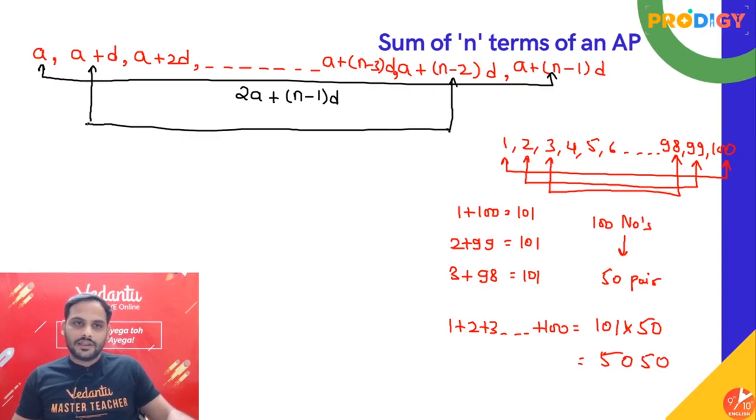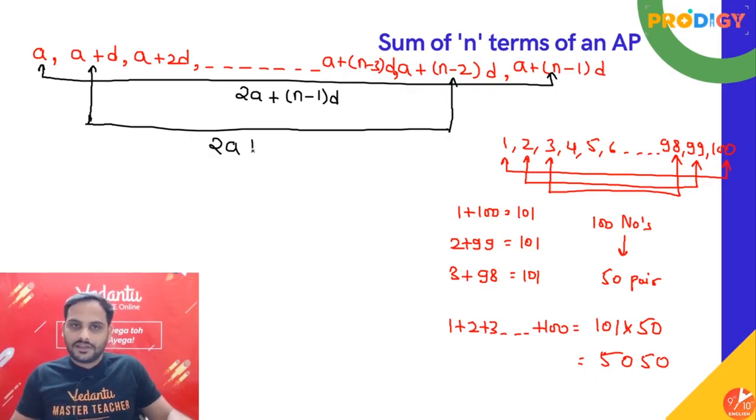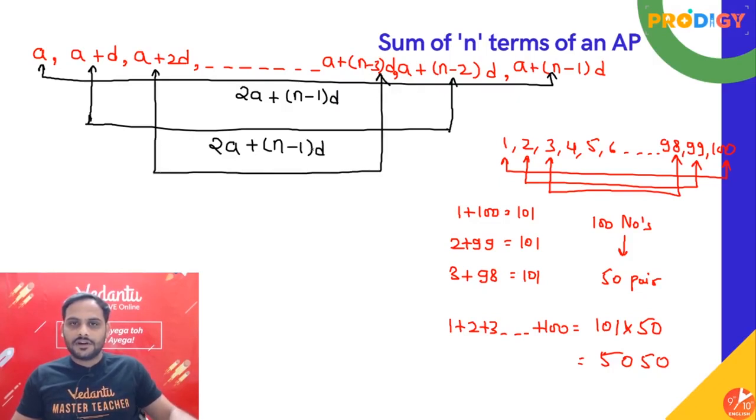So देखो, again you will get a plus a, which is 2a, and D plus n minus 2 into D. Take D common, n minus 2 plus 1, again it is n minus 1 into D. ठीक है? If you add the third term and the third last term, again it will be 2a plus n minus 1 into D.